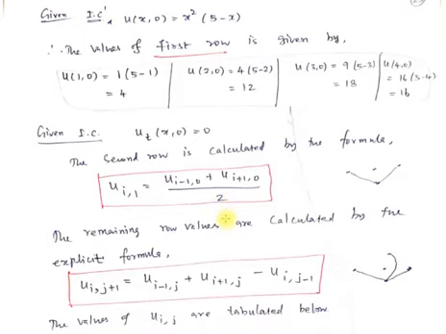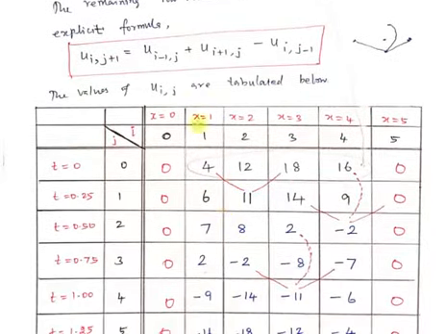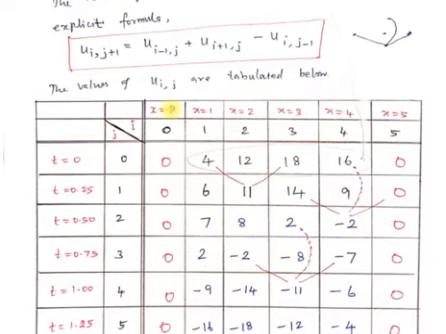The remaining row values are calculated by the explicit formula u i comma j plus 1 equal to u i minus 1 comma j plus u i plus 1 comma j minus u i comma j minus 1. This plus this one plus this is minus. The values of u i comma j are tabulated below.